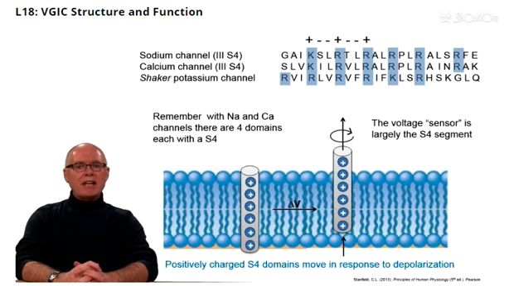Each of the four domains of the alpha subunit is comprised of an S4 segment, which traverses the membrane and is comprised of a pattern of positively charged amino acids followed by two hydrophobic or nonpolar amino acids. As a result of these charged amino acids, the membrane undergoes a conformational change when the membrane potential changes or becomes more depolarized, that is, more positive.